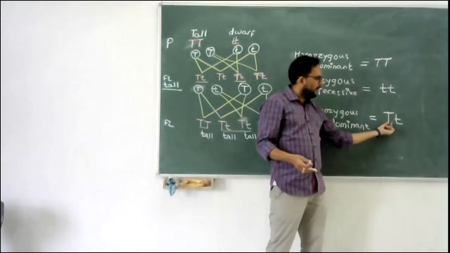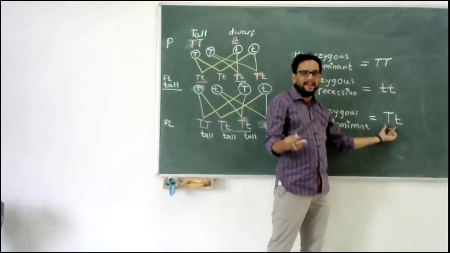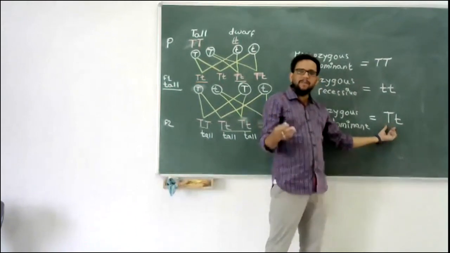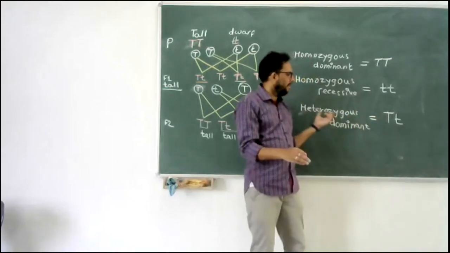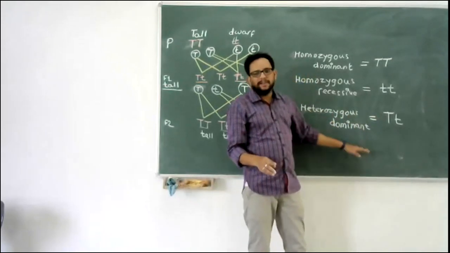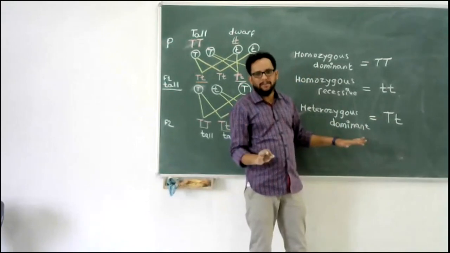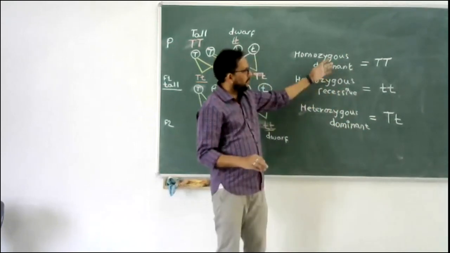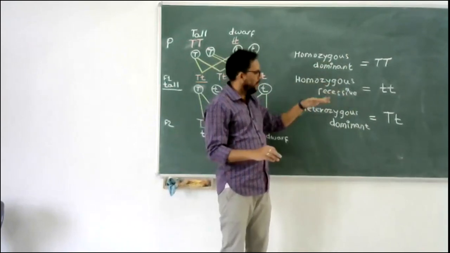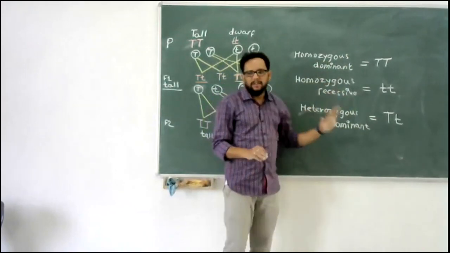The reason is that there is always a dominant allele present, which will always get expressed. So there cannot be existence of heterozygous recessive phenotype at all. There will always be these three: homozygous dominant, homozygous recessive, or heterozygous dominant.